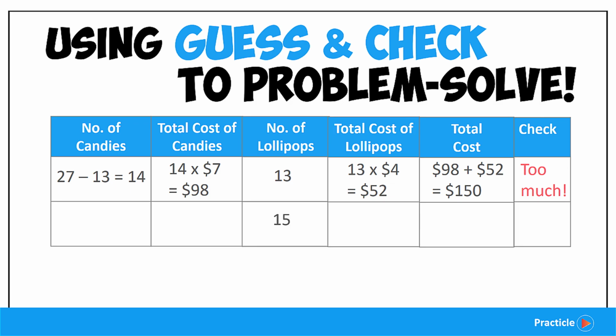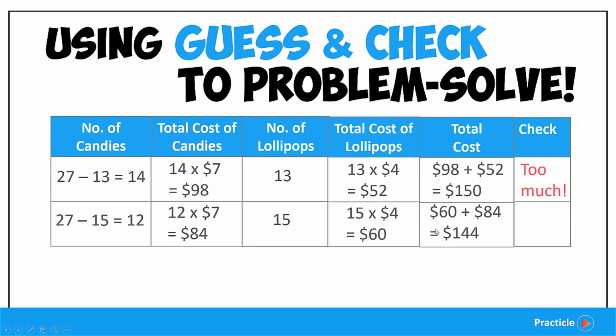If we had 15 lollipops, we would have 27 minus 15, 12 candies. 15 lollipops will cost 15 times $4, which is $60, while 12 candies will cost 12 times $7, which is $84. And how much will your mum pay in all? $60 plus $84 gives us $144.